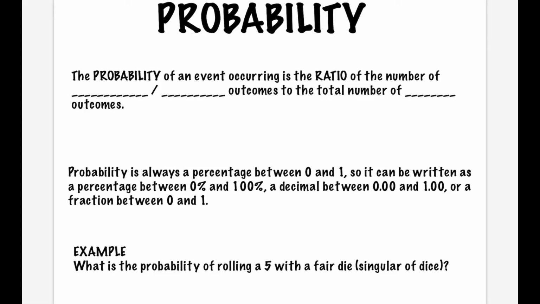In this video, we are going to talk about probability. So the probability of an event occurring is the ratio of the number of favorable or desired outcomes to the total number of possible outcomes.